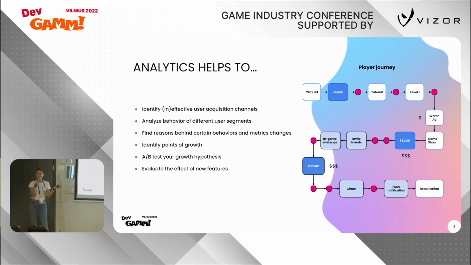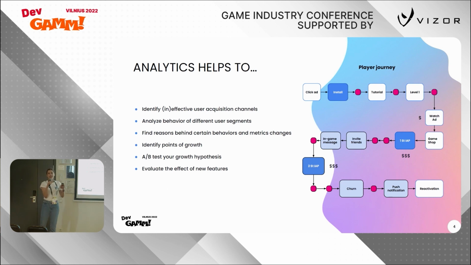So let's start from the first step, why you need product analytics. Product analytics helps you to build your player journey, from the moment the player installs your game to the moment they pass the tutorial, then maybe watch an ad, make the first purchase, second purchase, and finally churn. When you know your player activity, you can answer many questions. For example, which user acquisition channels are effective for you and which are not.